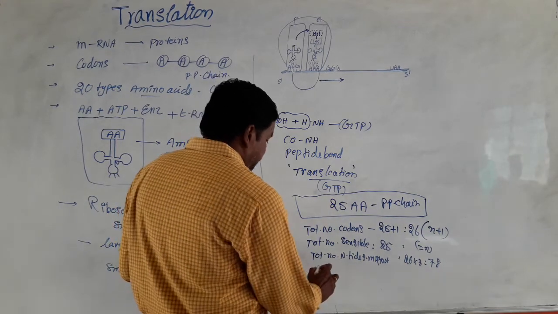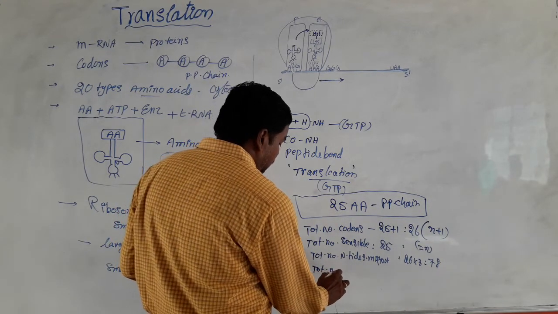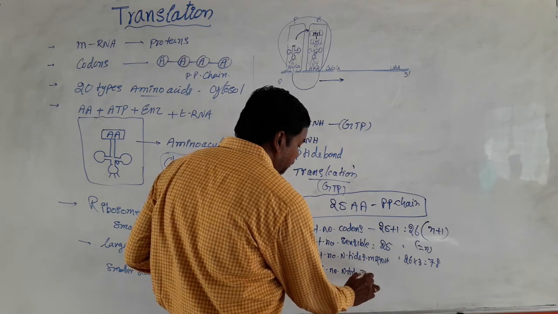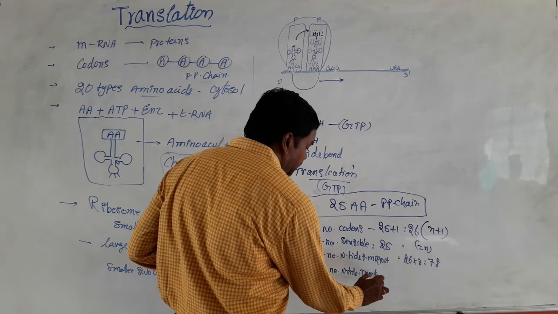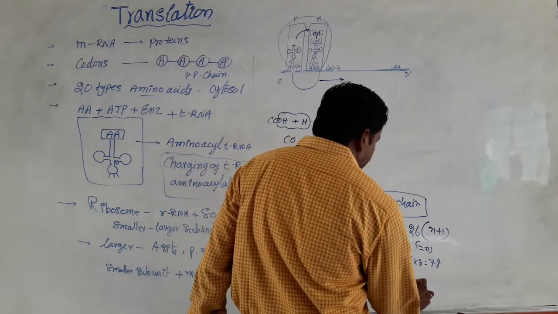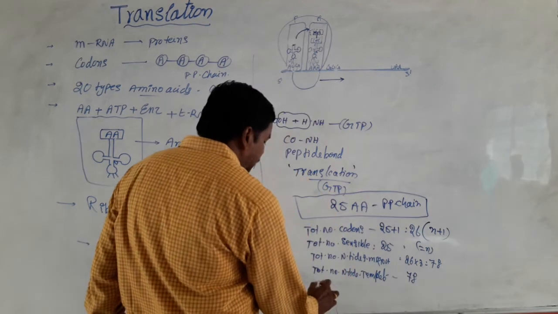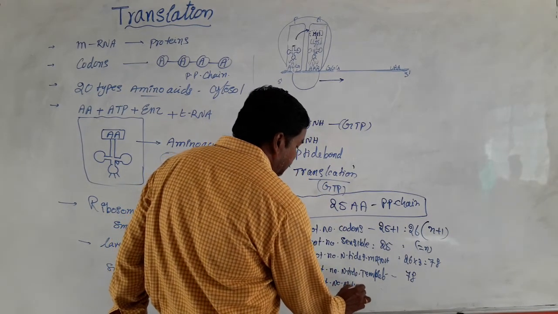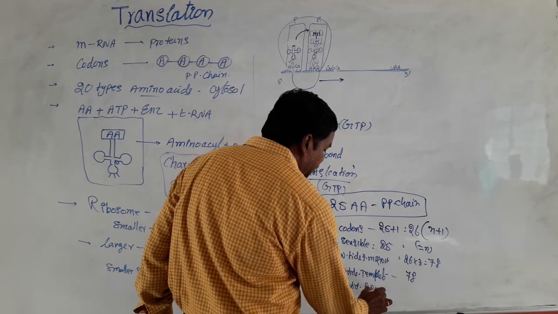At the same time, what about the total number of nucleotides present in a template that provides the information for mRNA? It is also 78.